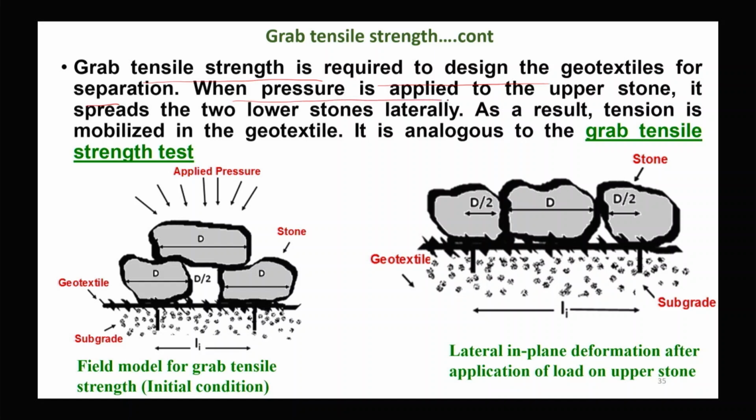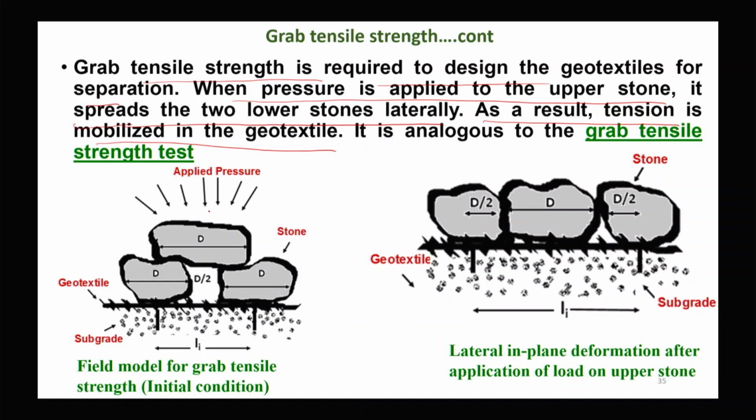When the pressure is applied to the upper stone, it spreads the two lower stones laterally. As a result, tension is mobilized on the geotextile, which is actually equivalent to the grab tensile test. This is simulating the grab tensile strength.